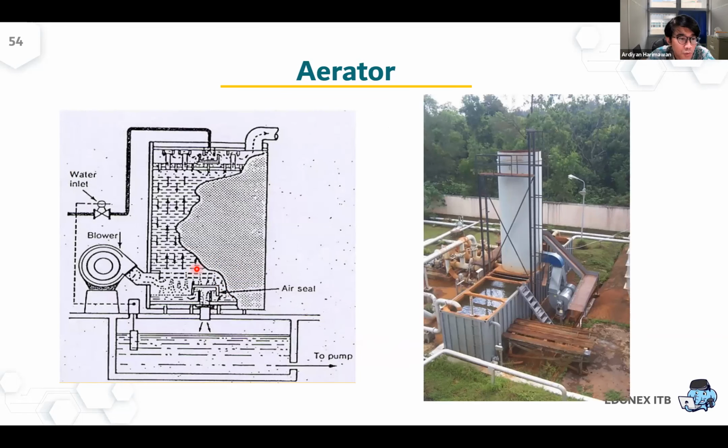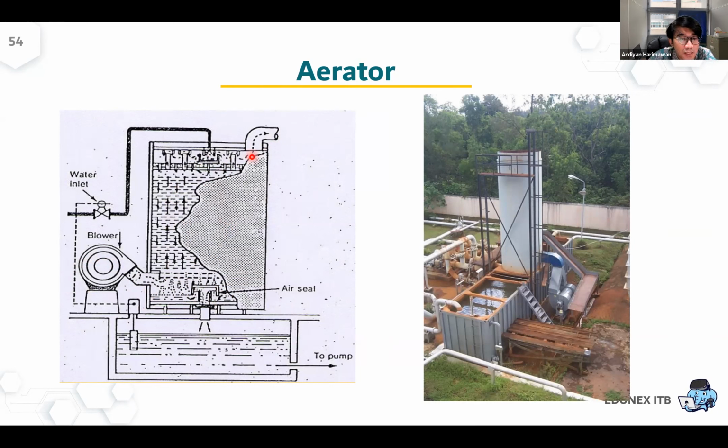Yeah, the water will come from the top part of the aerator, and then the gas will be supplied from the bottom, from the blower. Yeah, so there will be counter-current contact: the water from the top, the gas from the bottom.